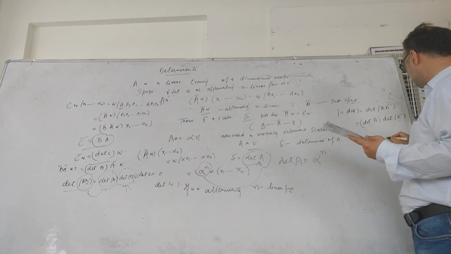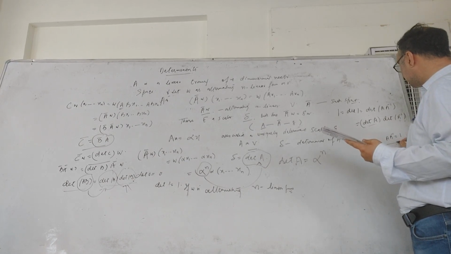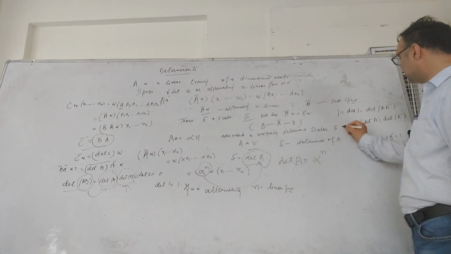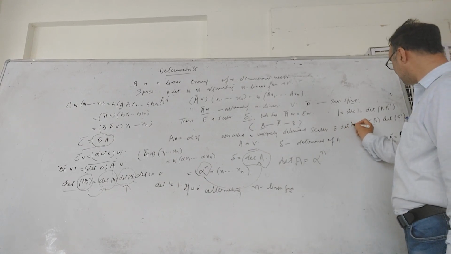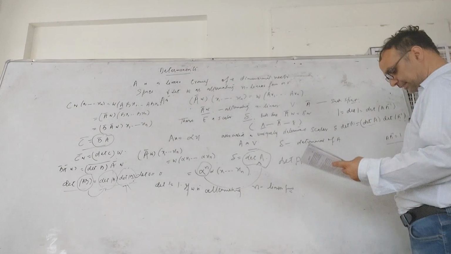Normally A inverse should be equivalent to identity, then only this property should hold, so it's an identity element.